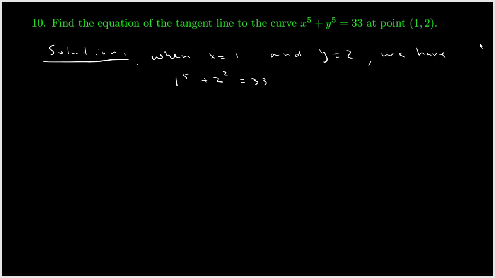You see the equation is satisfied, right? When x value is 1, when y value is 2. So the point with x coordinate of 1 and y coordinate of 2 is indeed a point on the curve. It's on the graph of x to the power 5 plus y to the power 5 equals 33.